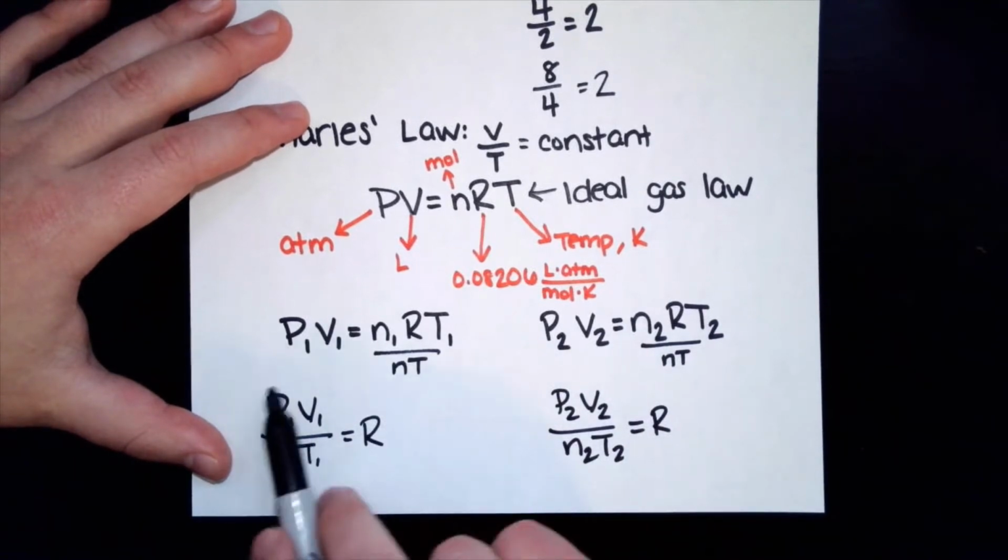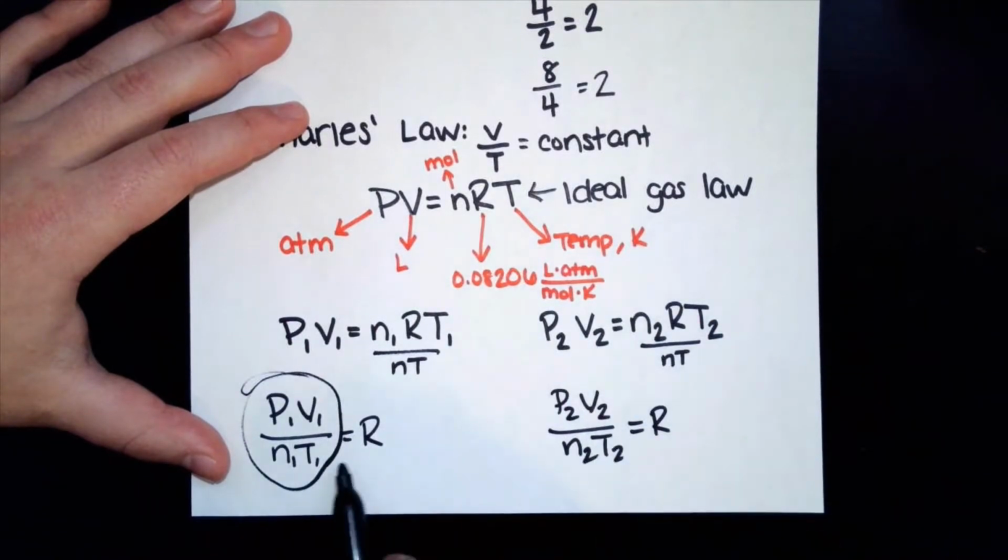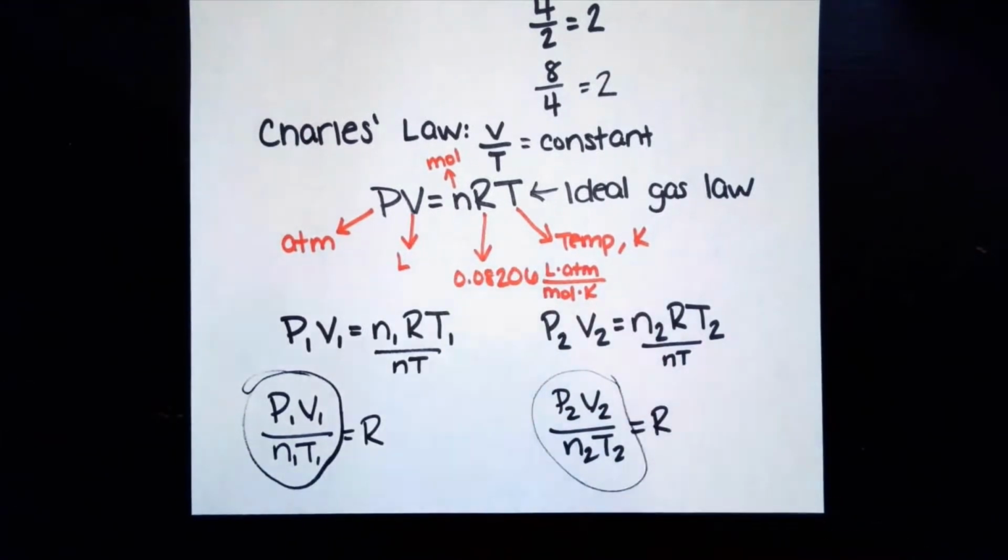So if this whole thing here is equal to a constant, and this is equal to that exact same constant, they're also going to be equal to each other.